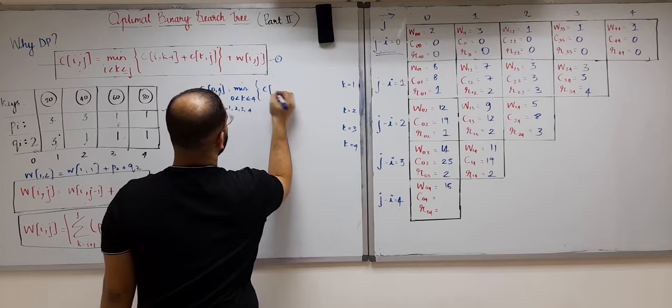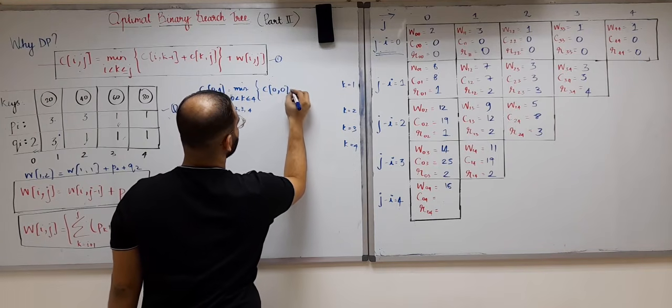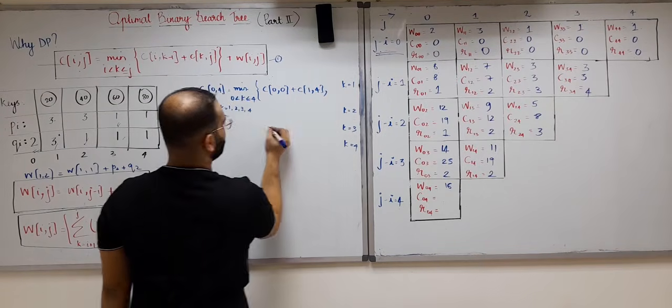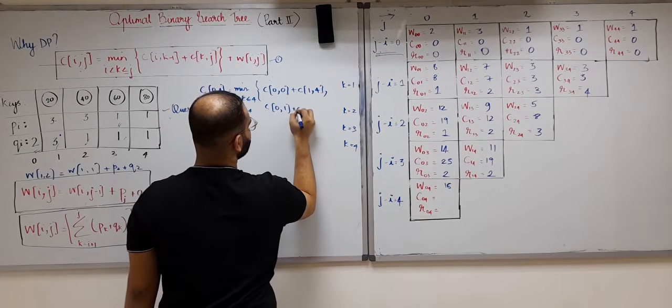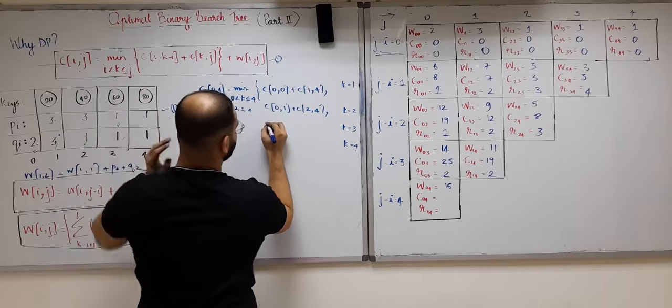When k is equal to 1, we have C(0,0) plus C(1,4). When k is equal to 2, C(0,1) plus C(2,4). When k is equal to 3, C(0,2) plus C(3,4). When k is equal to 4, i is 0 and k minus 1 is 3, so C(0,3) plus C(4,4). Plus W(0,4). I'm just using this formula.